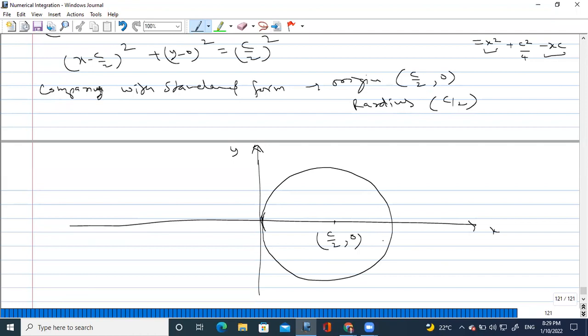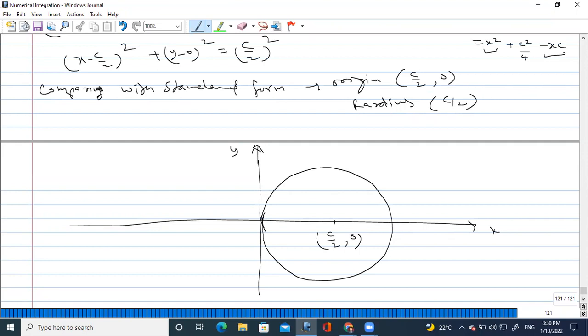So is this the answer? No. In the option it will be there, it is a circle or a family of circles. So once c is there, because c is my constant, that constant can take any value. It can be minus also. If different values of c are there, then it will give you a family.